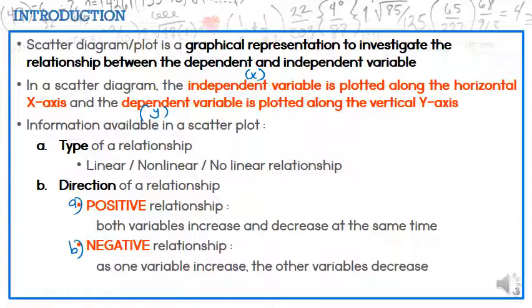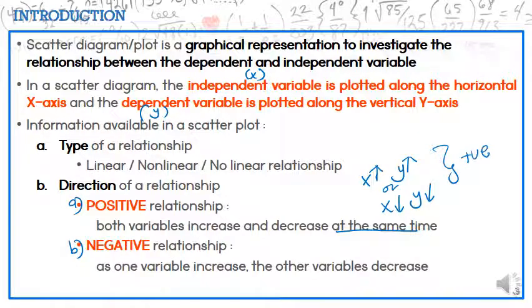A positive relationship means that both variables increase and decrease at the same time. If x increases, y tends to increase. Or if x decreases, y tends to decrease. This is a positive relationship.